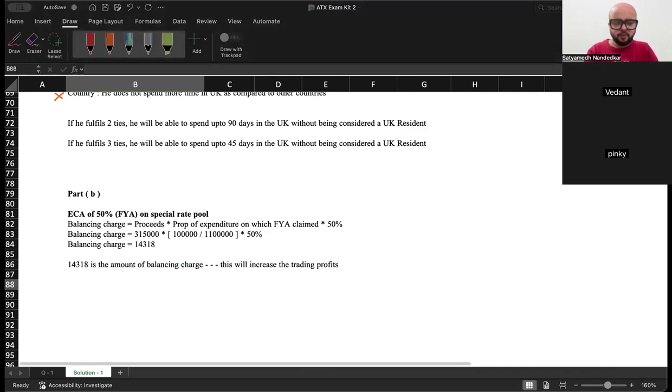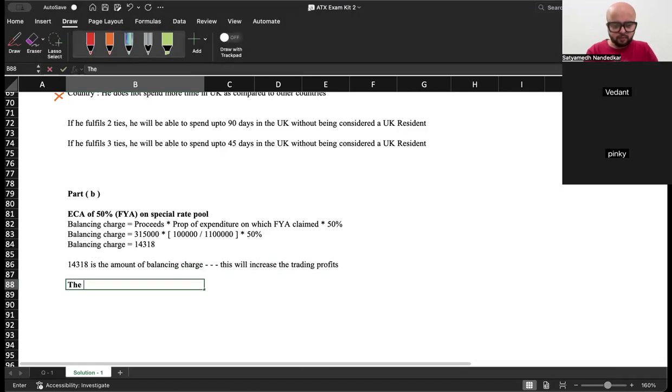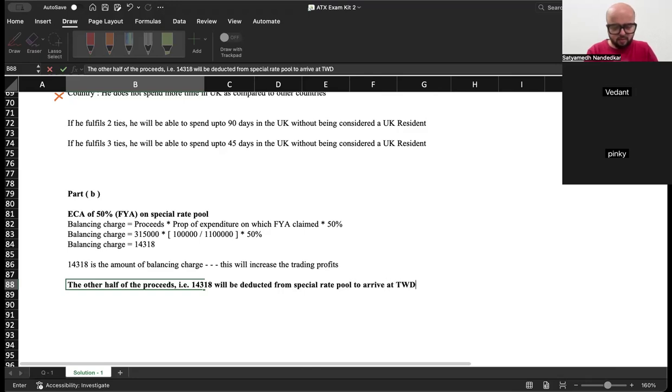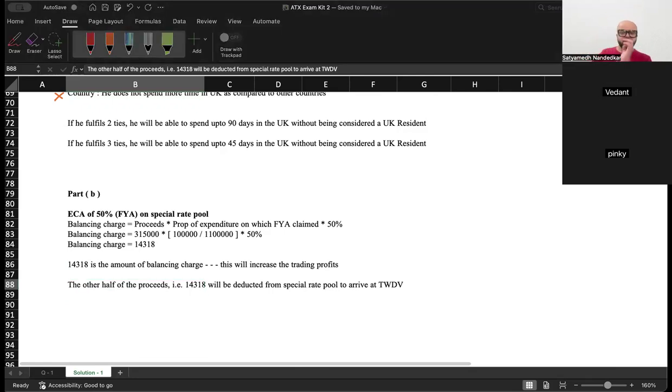Now the other half of the proceeds, that is 14,318, will be deducted from special rate pool to arrive at TWDV.